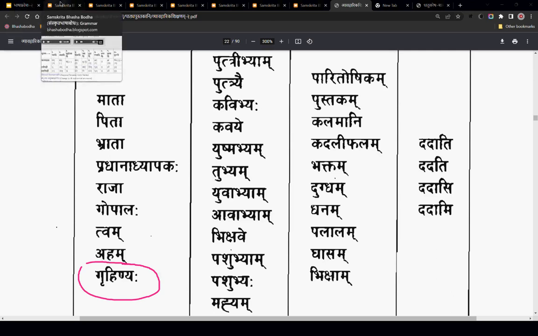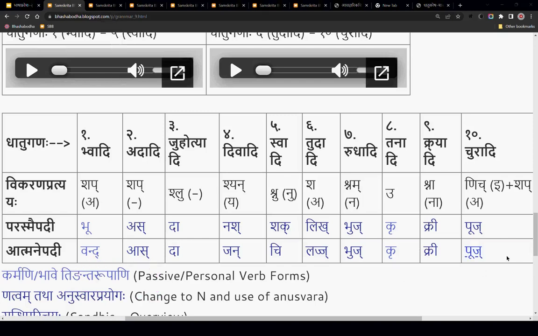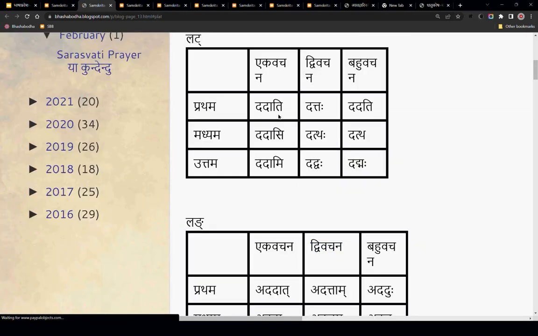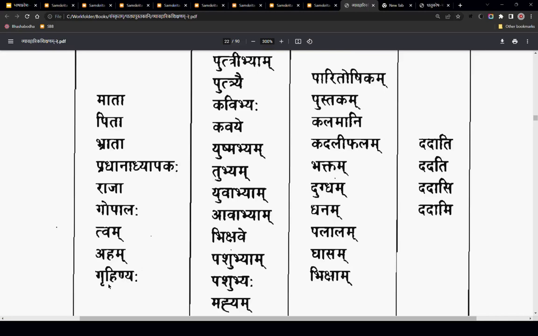So again you can refer to the kriyapada dhatu kosha, parasmaipadi da dhatu. You look at the forms, so you see lat lakara: dadati, dattah, dadati. Dadasi, datthah, dattha, dadami, dadvah, dadmah. Okay. So yeah, gruhinyah pashubhyah dasam dadati. That's fine. Dhanyavad.